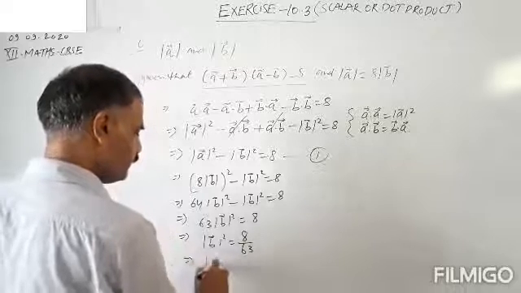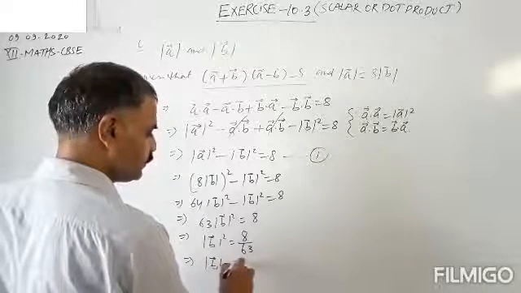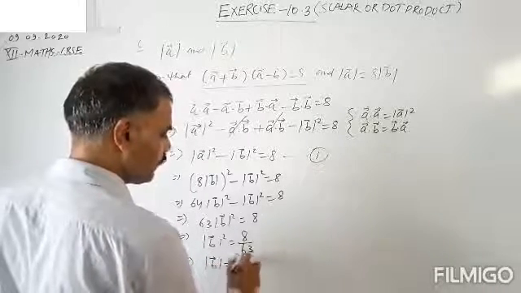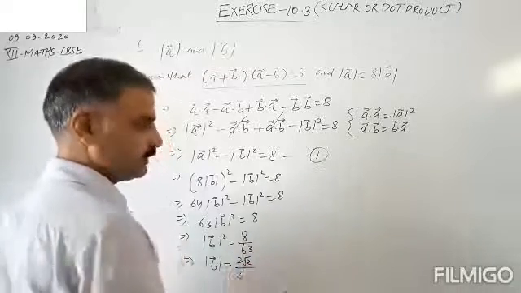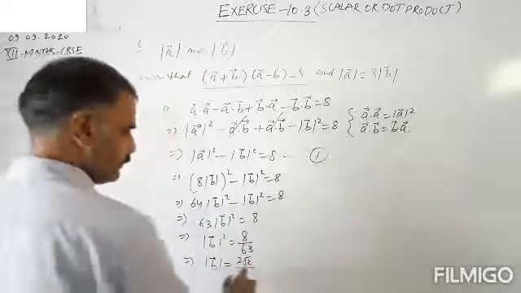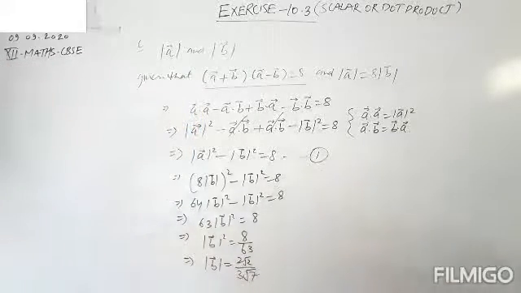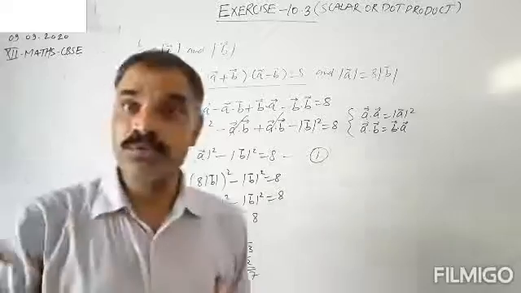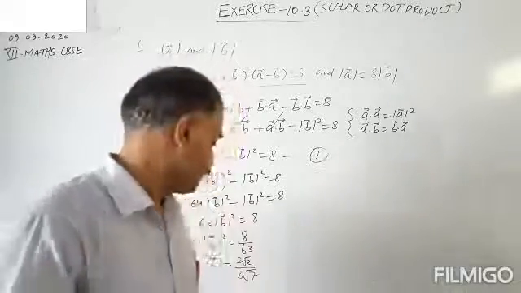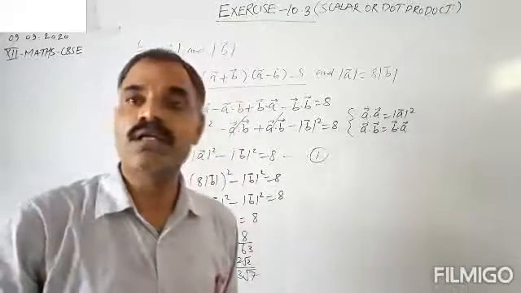So magnitude B vector is equal to 2 under root 2 upon 3 under root 7.